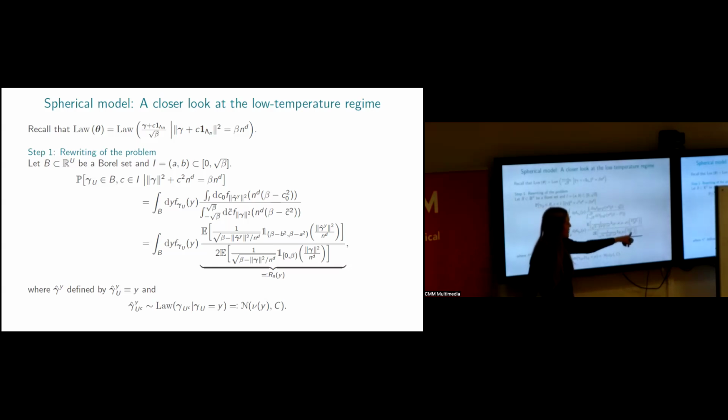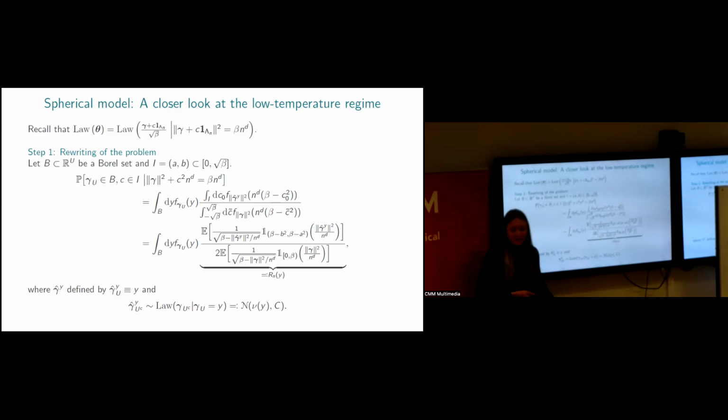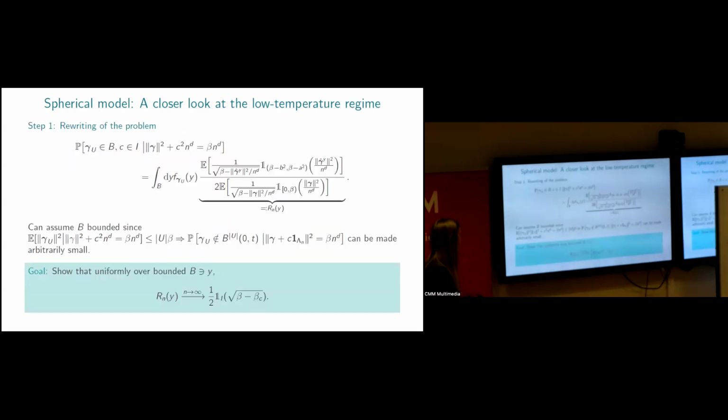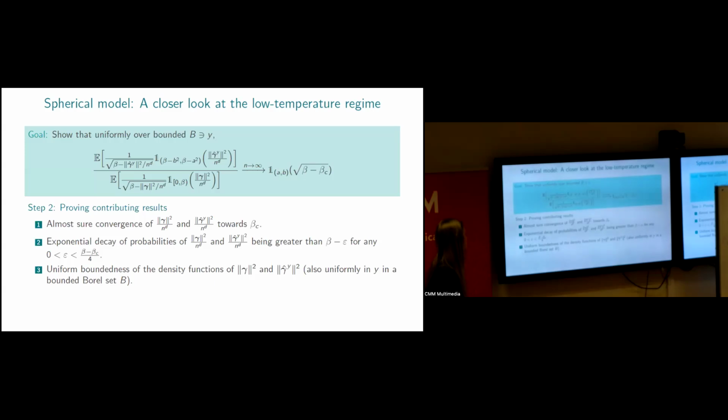If this function had been bounded, we could already conclude. Of course, there is a tiny problem: this function has a singularity when gamma squared nd is beta. So we just need a few technical fixes to show that this singularity doesn't matter.